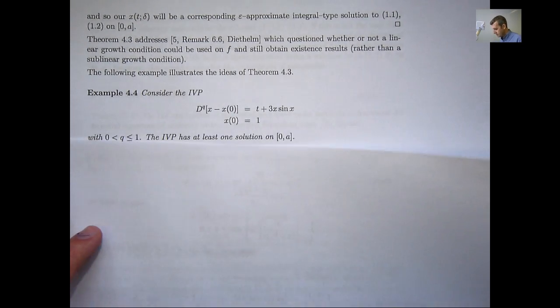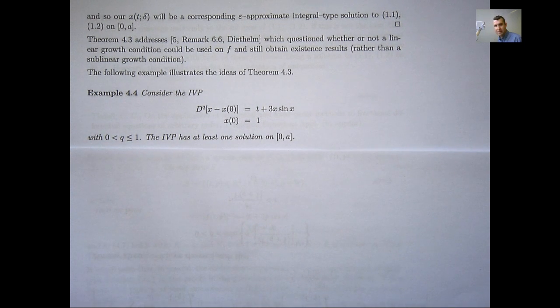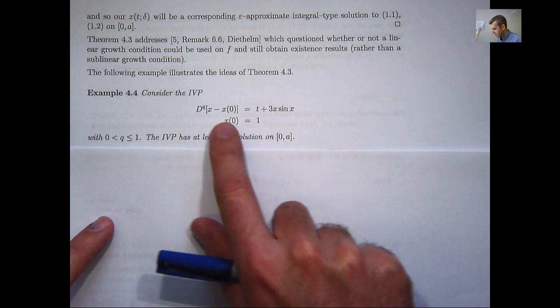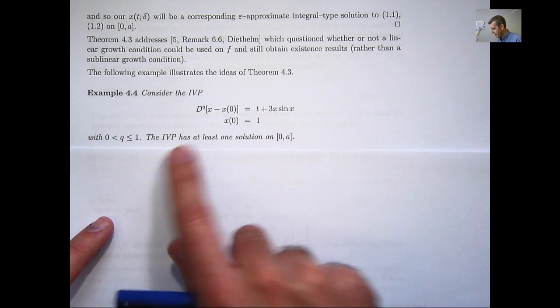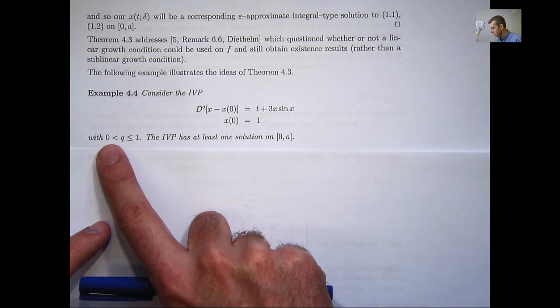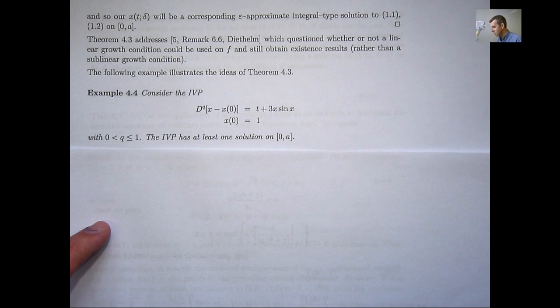Okay, well, let's put some concreteness into the presentation and give an example to illustrate the ideas. Let's consider the following initial value problem. Here the Q is between 0 and 1.